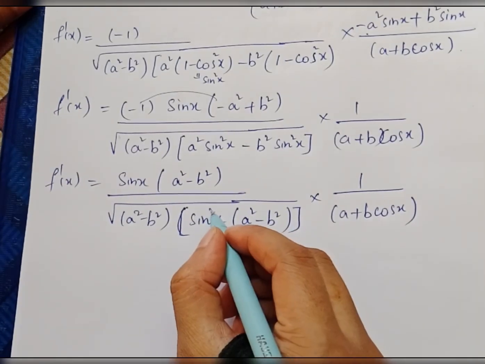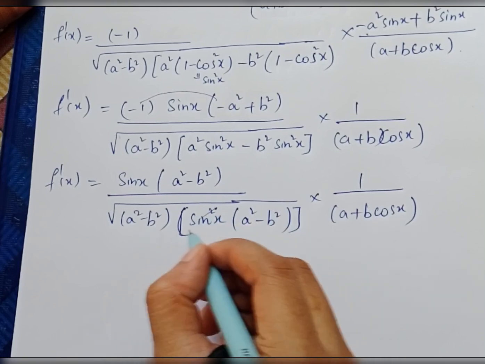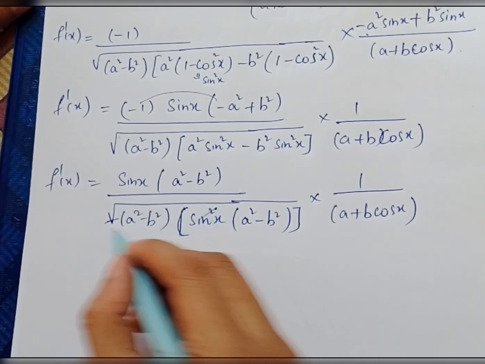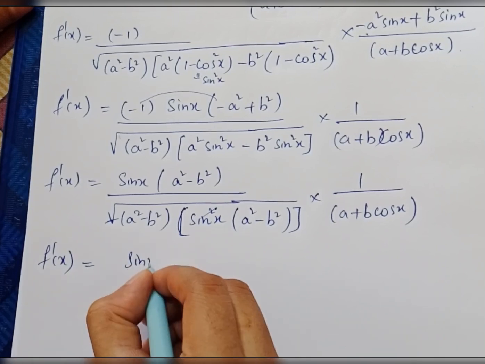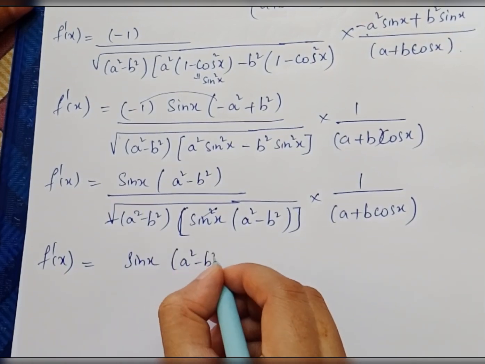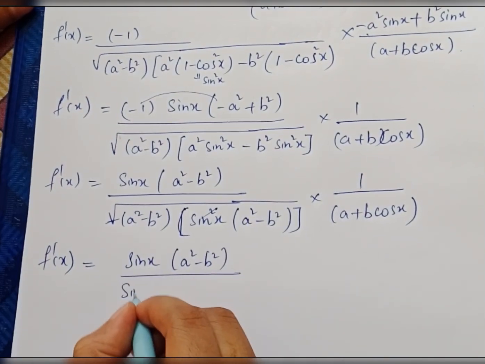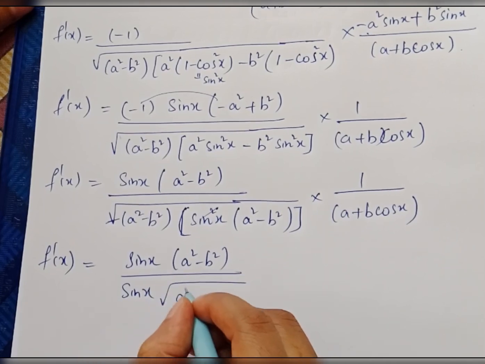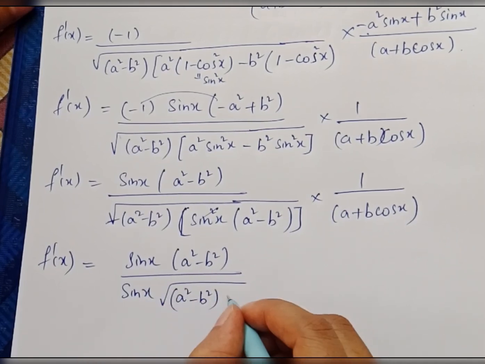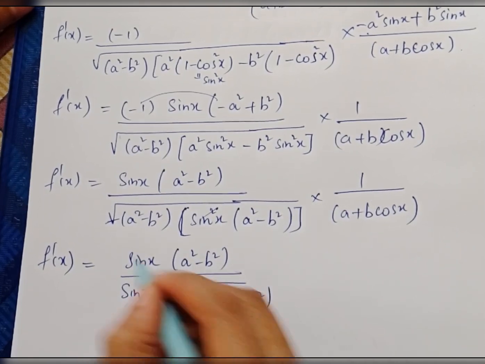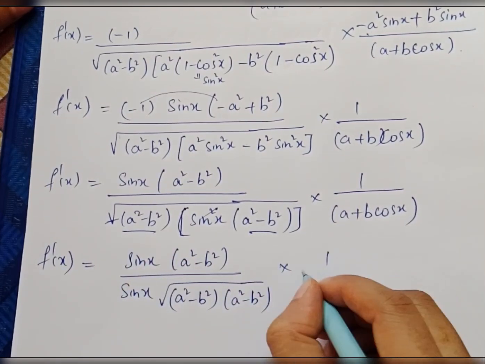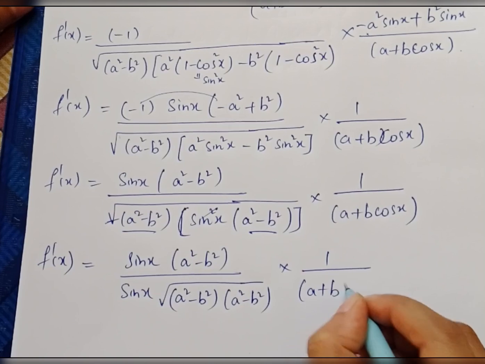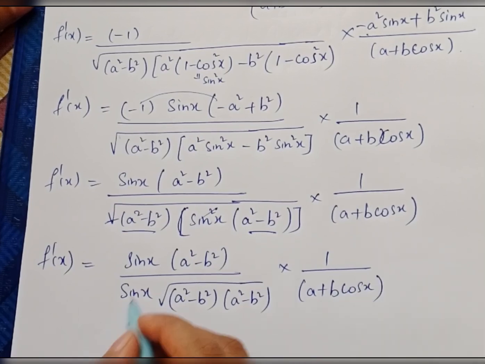So what happens here, the root and square on the sine get cancelled. So f dash of x is equal to sin x (a square minus b square) by sin x root of a square minus b square, into 1 by a plus b cos x.